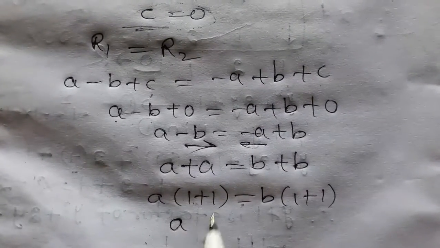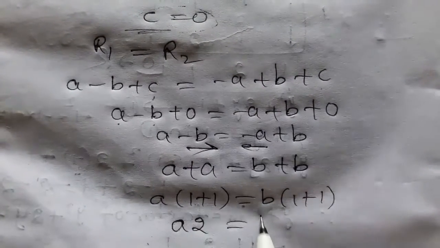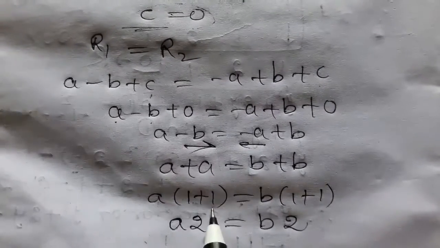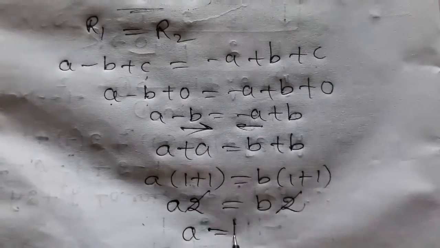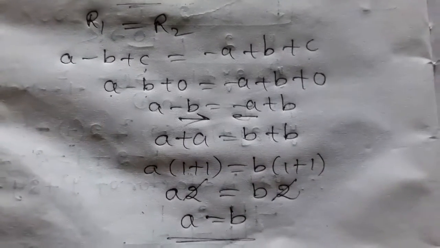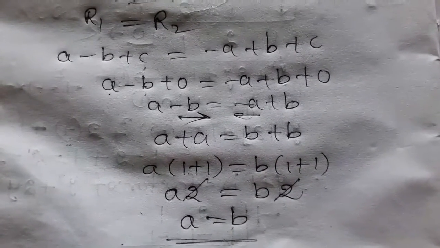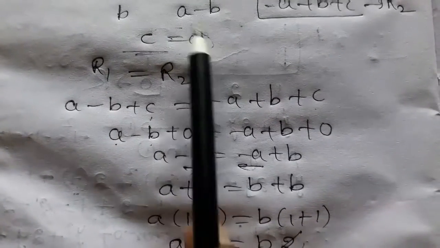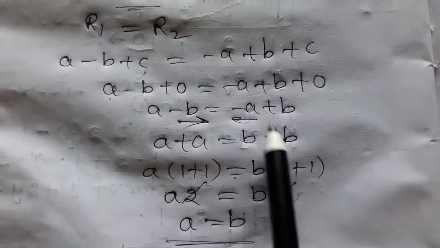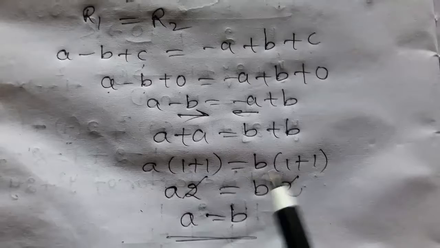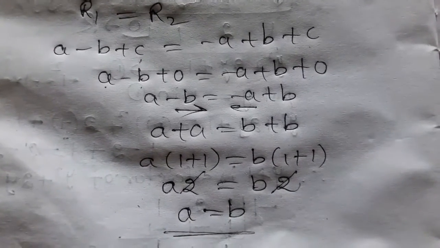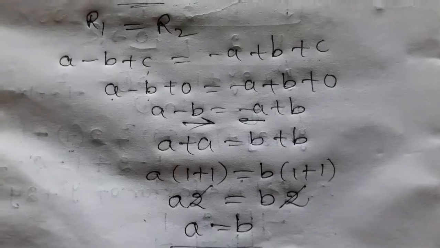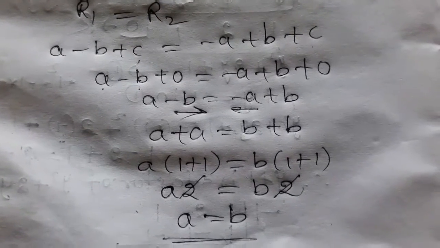So 2a is equals to 2b. Both sides 2 cancel, therefore a is equals to b. Hence it is proved. Understand all of you? As per the condition, c equals to 0, we put it in the equation, and after that we had to prove a equals to b. We got the answer, a equals to b. Yes, this is the answer of the given question.